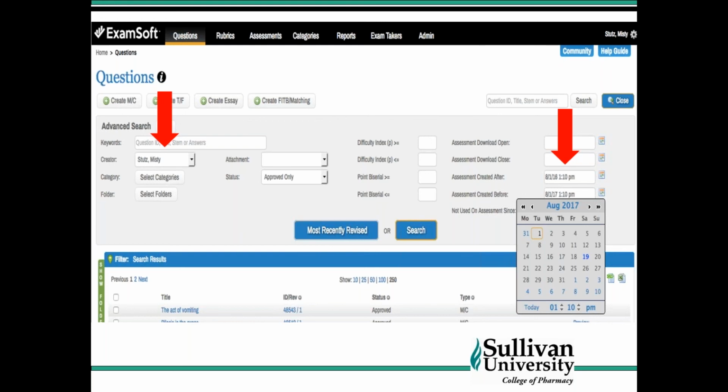Okay, next question is, why did you decide to use point biserial instead of discrimination score? Great question. The reason, I think, was just because that's what we use to rescore the exams.